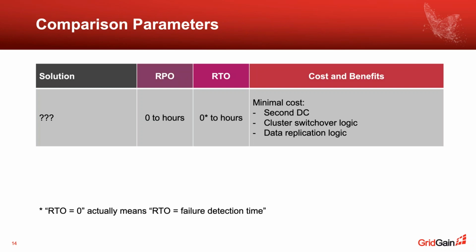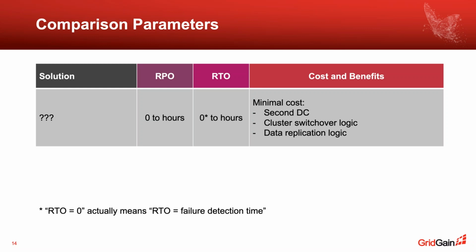So these are our parameters for comparing our disaster recovery options. RPO changing from 0 to hours, RTO changing from kind of 0, not really, but very minimal time, to hours. We also will have some cost and additional benefits, and the minimal cost is having a second data center.